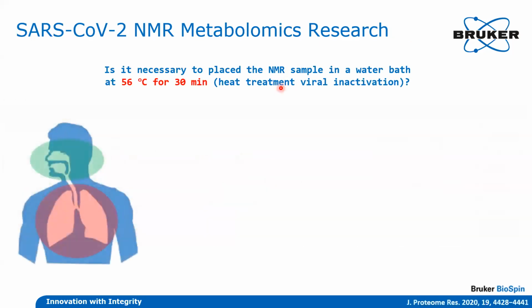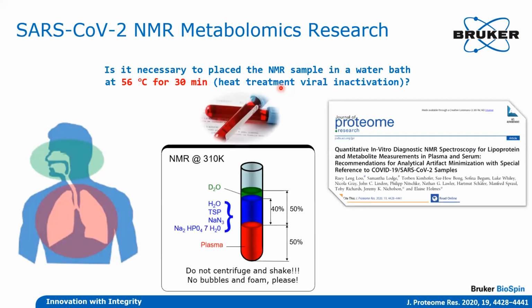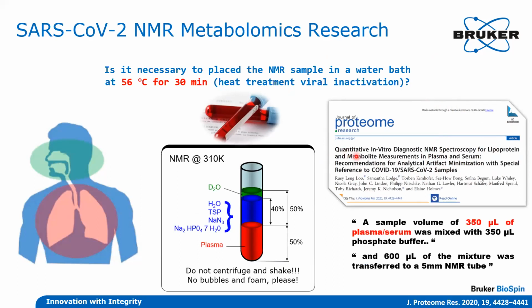One is the sample itself. For example, in these publications they are using plasma and serum. The sample amount is only 350 microliters of plasma or serum, and this sample is mixed with the buffer.